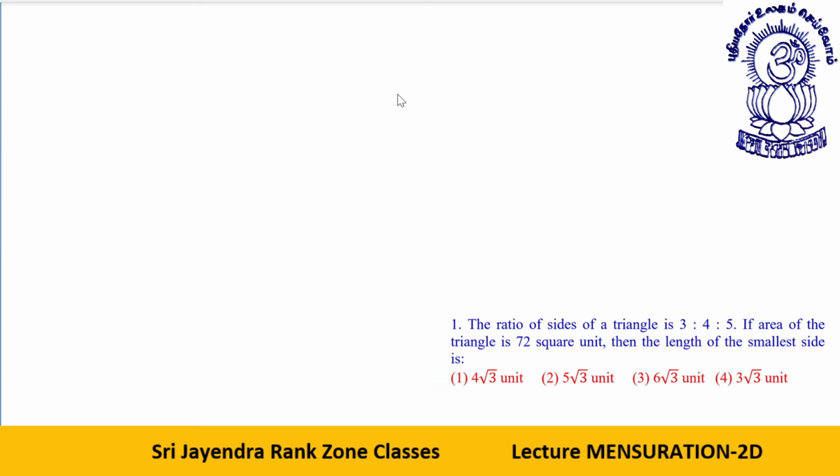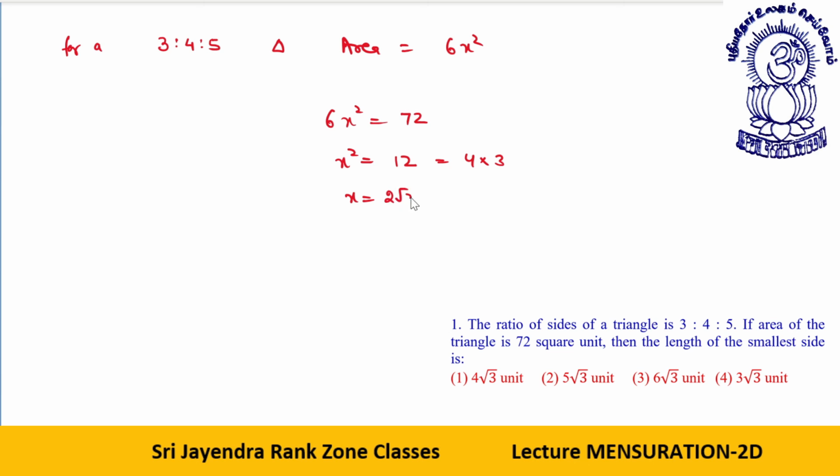The ratio of the sides of a triangle is 3 is to 4 is to 5. If the area of the triangle is 72 square units, then the length of the smallest side is? See, students, we know the formula for a 3 4 5 triangle. For a 3 4 5 triangle, area is what? Area is 6x square. This 6x square is right now 72. This gives me x square as 12, I can say 4 into 3, or x is equal to 2 root 3.